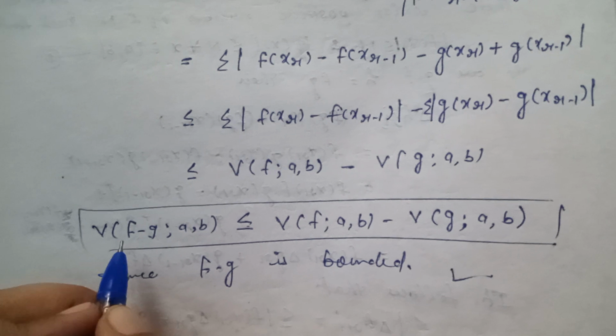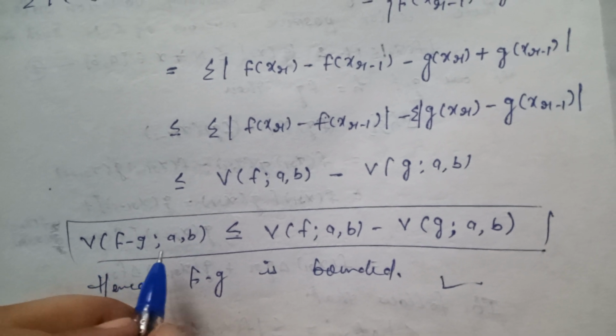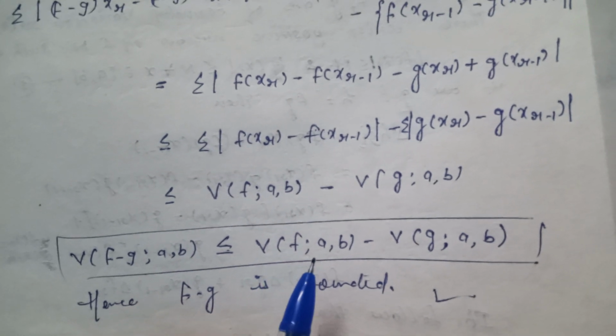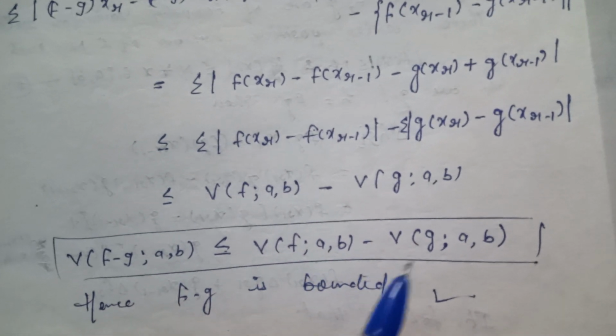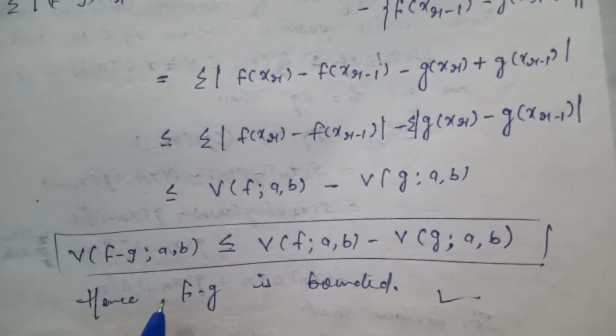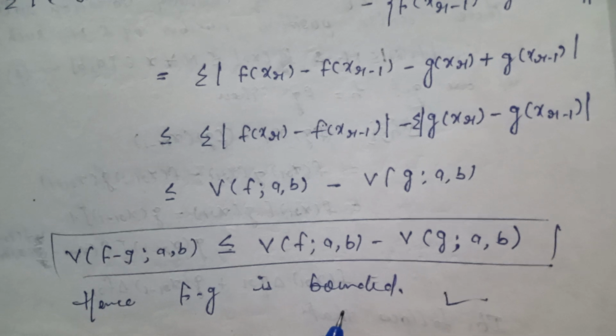Then V(f minus g)(a, b) is less than or equal to Vf(a, b) plus Vg(a, b). Hence f minus g is bounded.